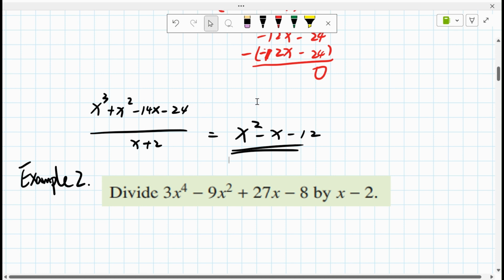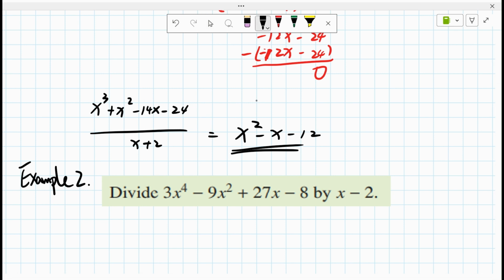There you go. Does that make sense for everyone? If not, try to go through long division again, and let me know during the class, okay?